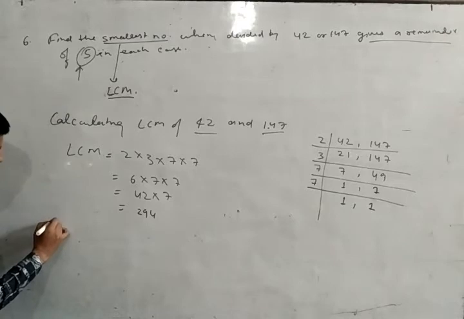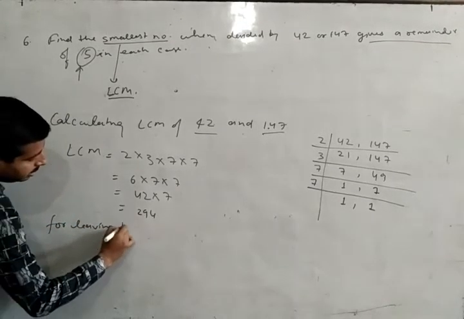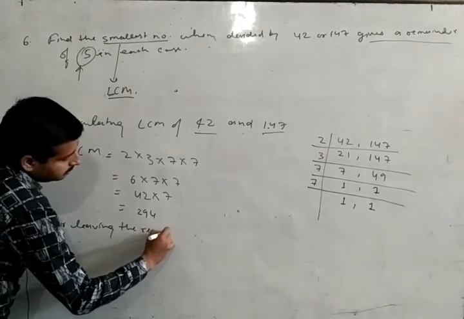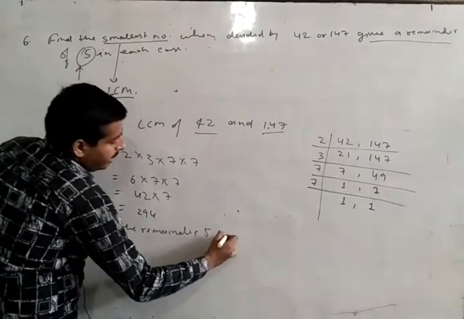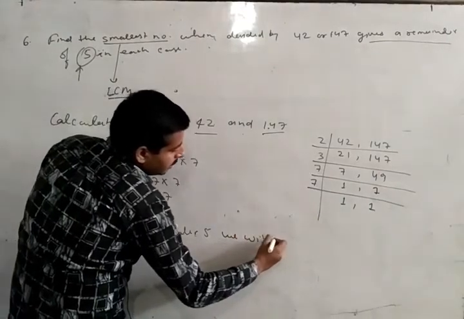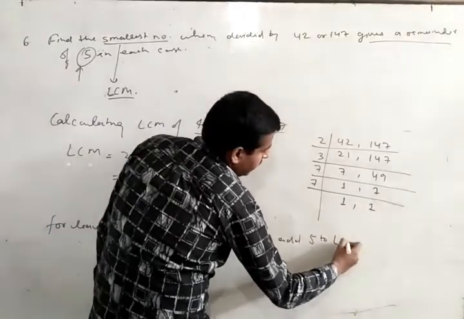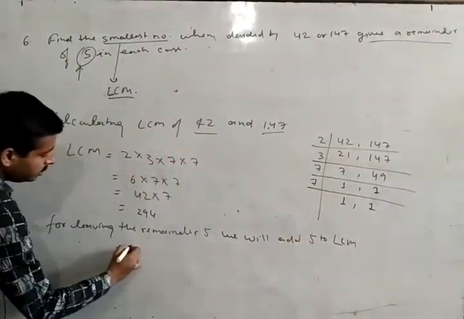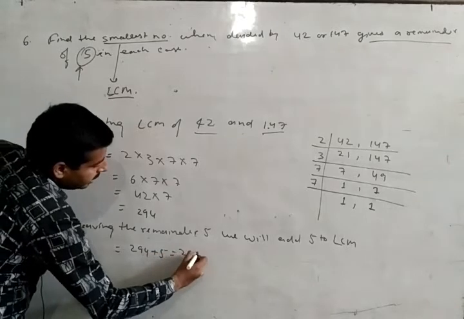So for leaving the remainder 5, we will add 5 to the LCM, which equals 294 plus 5 gives you 299.